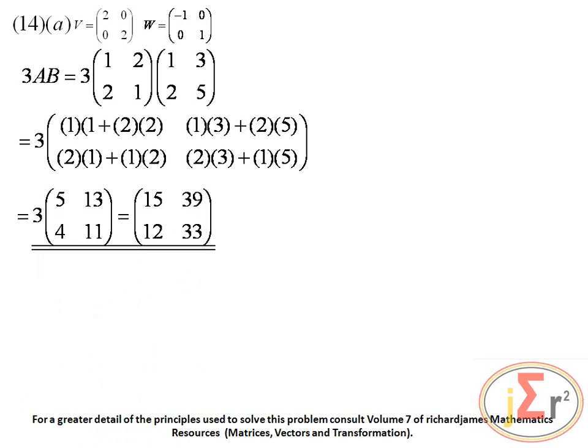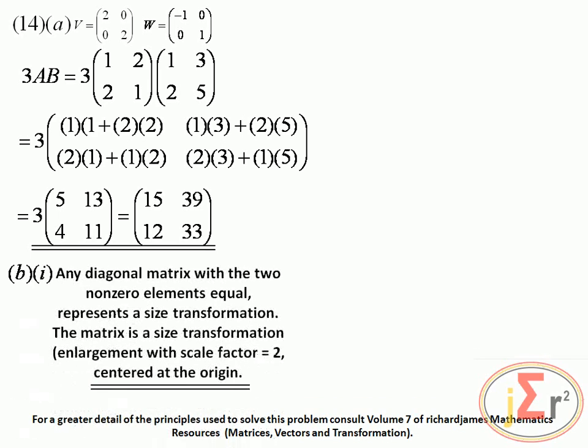Next, we will state the effect of the matrix V on the triangle ABC. That is not given here, but the matrix V will have the same effect on any figure that it is transforming. Any diagonal matrix with the two non-zero elements equal represents a size transformation.